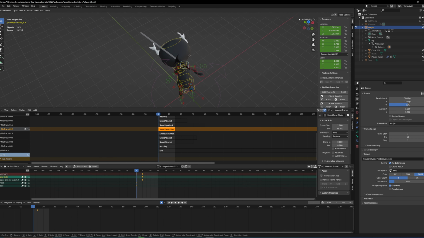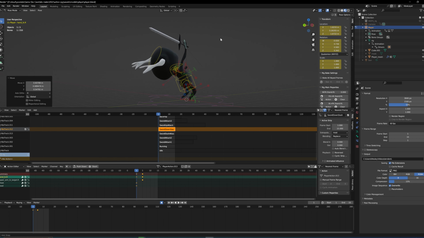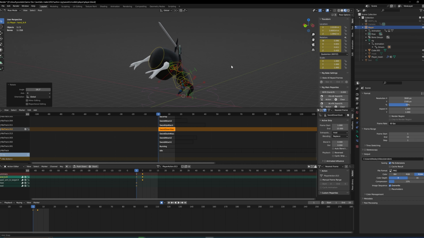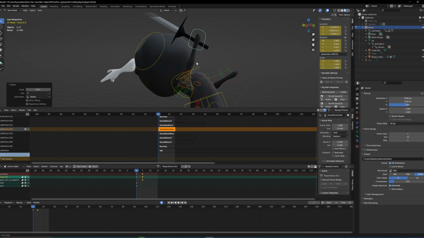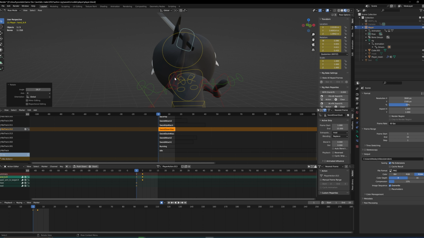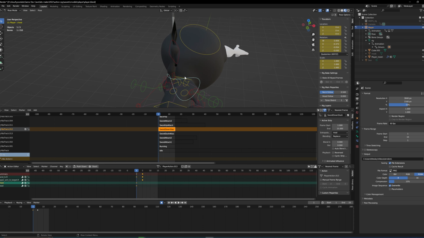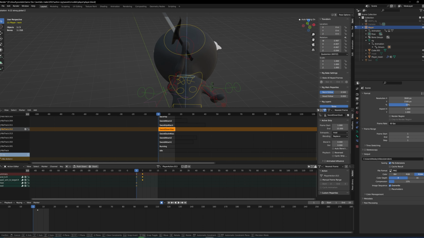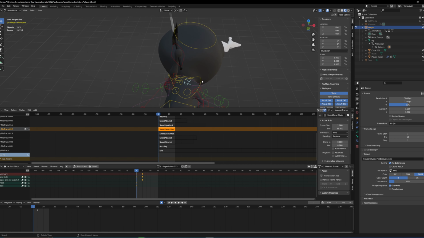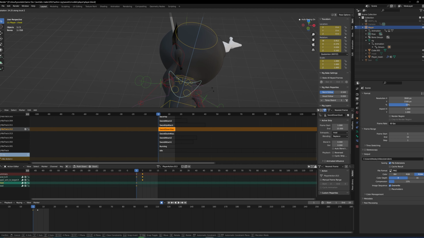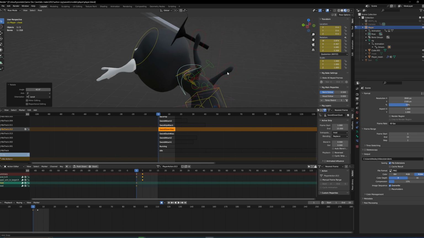And we have the sword more in front of the face, still held up high. And even then we can see that the shoulder and arm here don't look like they're having a good time. So maybe if we rotate this around a little bit more, that would definitely help.